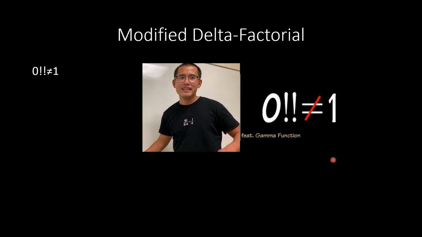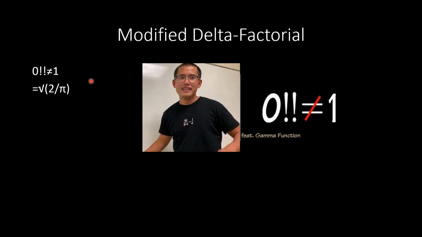I would recommend you watching his video on that for a more descriptive overview of why 0 double factorial is not equal to 1. I will link this video in the description. But in the end, his argument shows that 0 double factorial may in fact equal the square root of 2 over pi. Now, this looks exactly like the reciprocal of our form for the 1 double factorial, does it not? And indeed, that's exactly what happened in this instance.